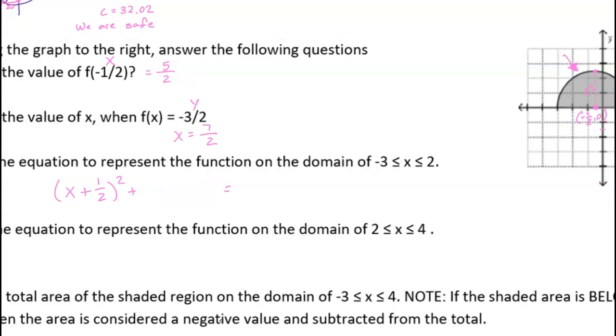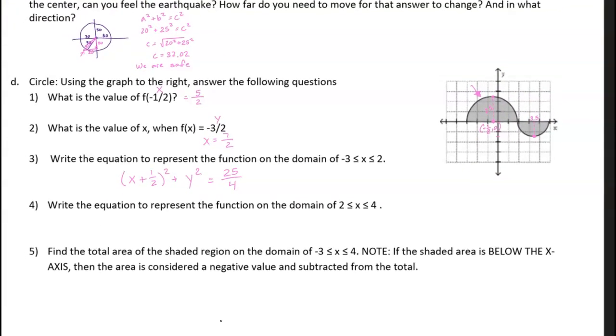So actually this is just y squared, set equal to the radius squared, which our radius here is actually, remember, 2.5 or 5/2. So 5/2 squared is 25/4. And that's the equation for that line from negative 3 to 2.